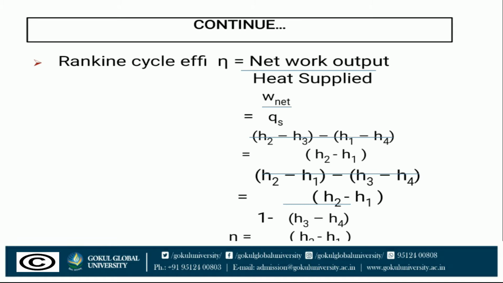Arranging the terms, this is (H2 minus H1) minus (H3 minus H4) divided by (H2 minus H1). Therefore, the efficiency of the Rankine cycle eta is equal to 1 minus (H3 minus H4) divided by (H2 minus H1).